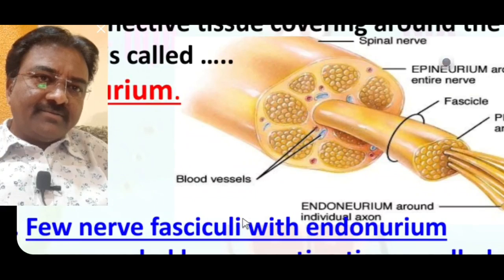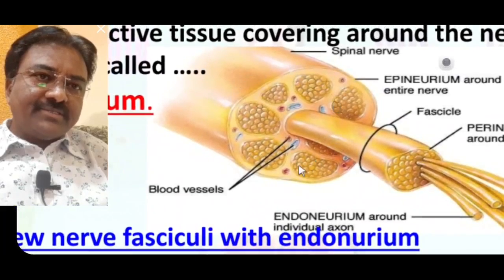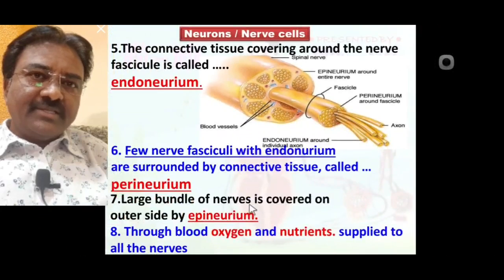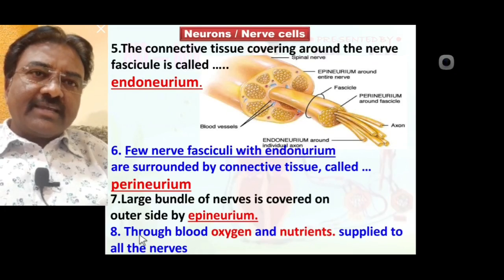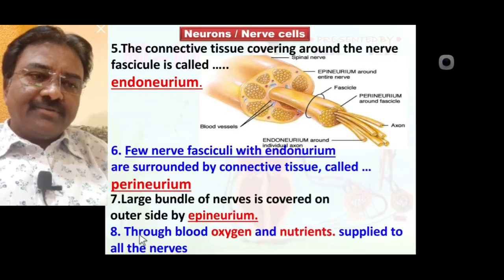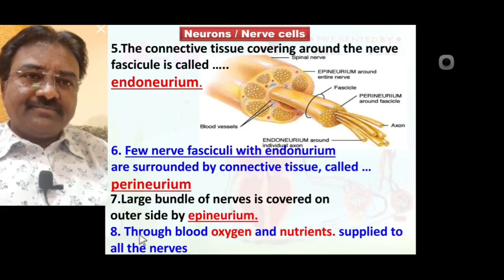Through blood, oxygen and nutrients are supplied to all these nerves. Up to this we discussed in detail a total of 8 different general characteristics of neurons or nerve cells, and these 3 terms: endoneurium, perineurium, and epineurium.